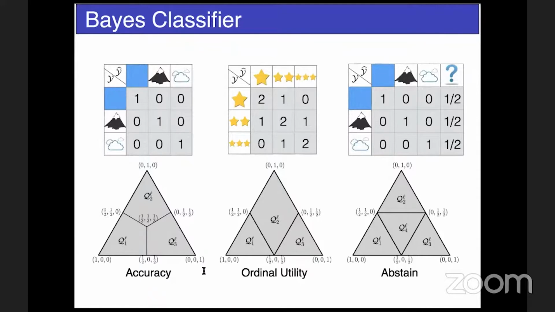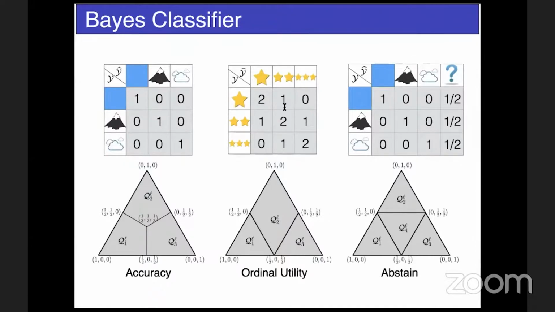So these are the 3 extremes, and anything in between is some kind of randomness between the 3. So that's captured by the area in the middle of the triangle. And what the Bayes classifier for this particular utility matrix does is symmetrically partition this triangle into 3 pieces, and that makes sense. Right? So in this case, this region corresponds to predicting mountain, this region corresponds to predicting sky, and this region corresponds to predicting cloud, and so on.